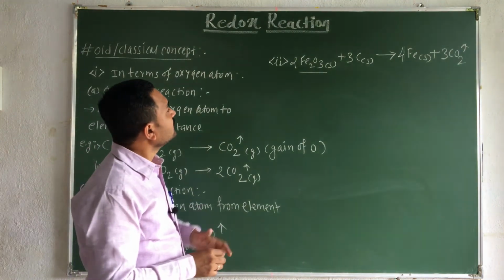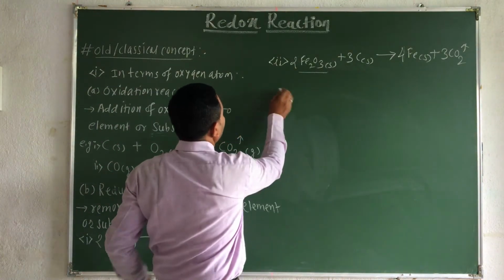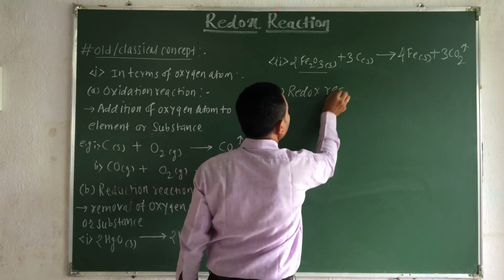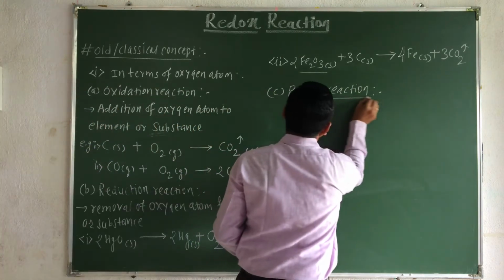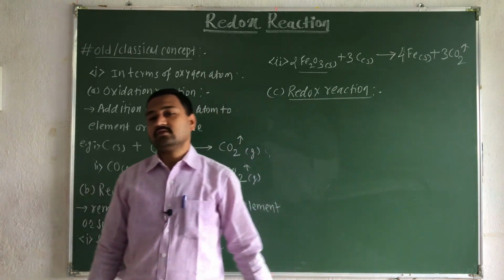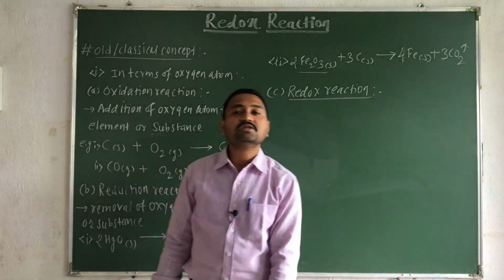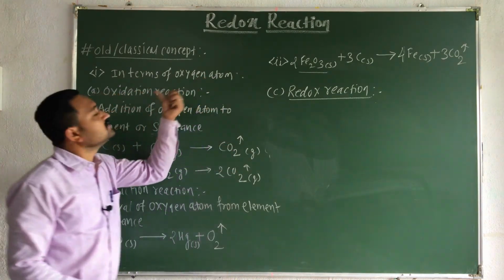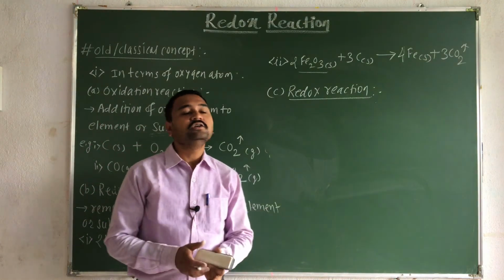Now let us define the redox reaction using this concept. What about the redox reaction? In the previous lecture you had the idea about the redox reaction. Remember, whenever simultaneous oxidation and reduction take place, that reaction is known as a redox reaction. Now as we are studying this concept in terms of oxygen, how can we define the redox reaction in terms of oxygen atom?